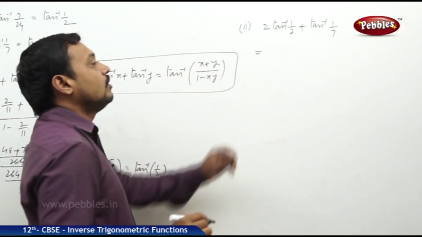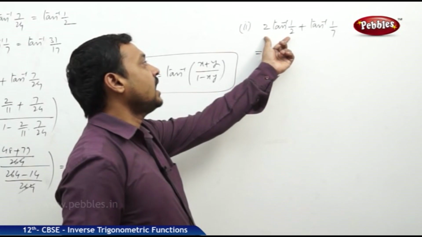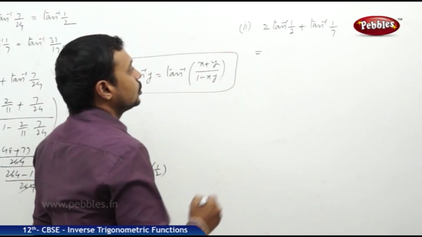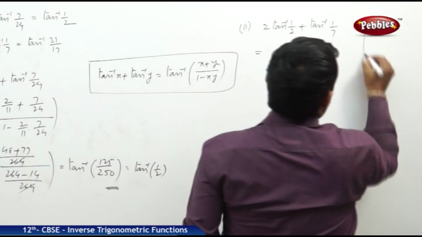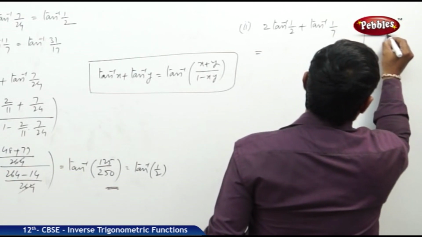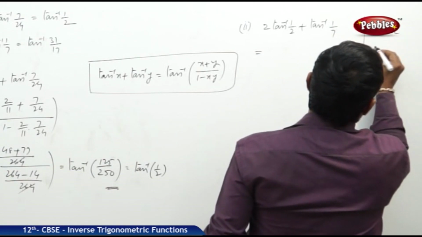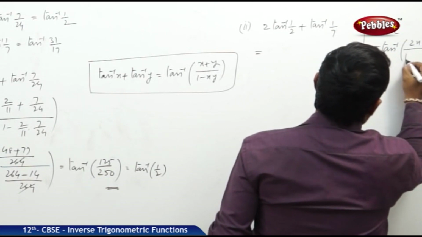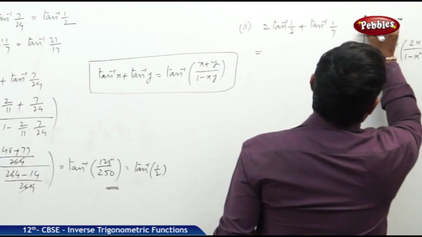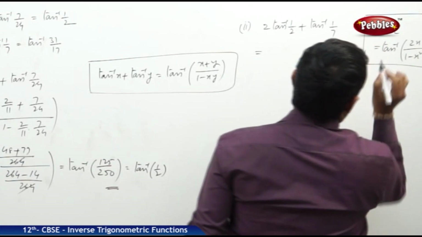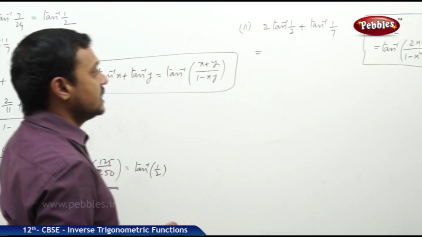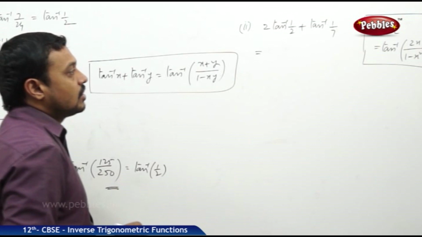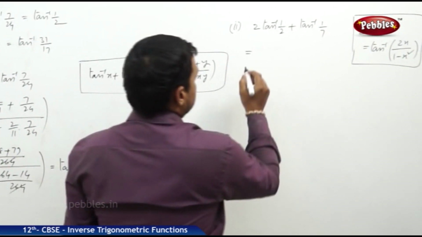First, it is in the 2 tan inverse x form. What is the formula of 2 tan inverse x? 2 tan inverse x is equal to tan inverse of 2x by 1 minus x square.